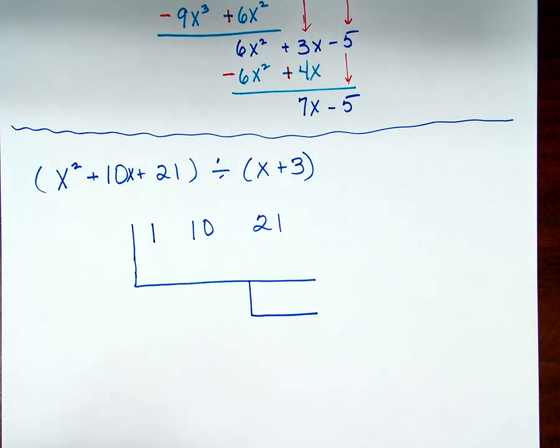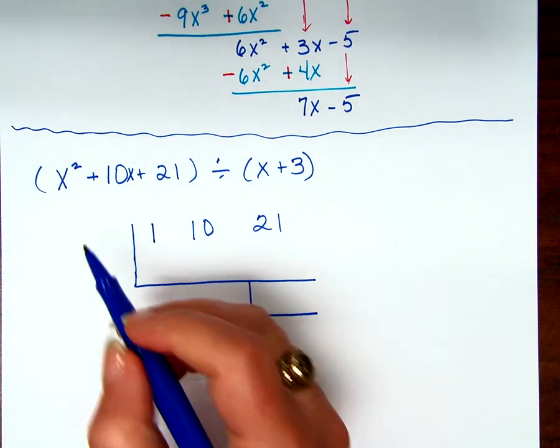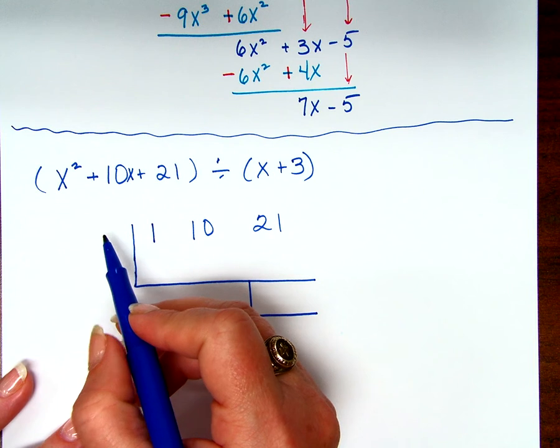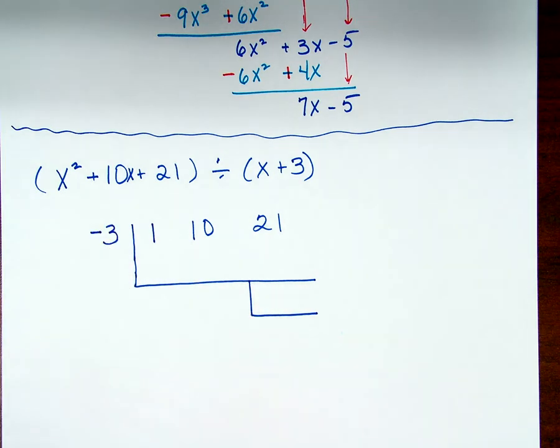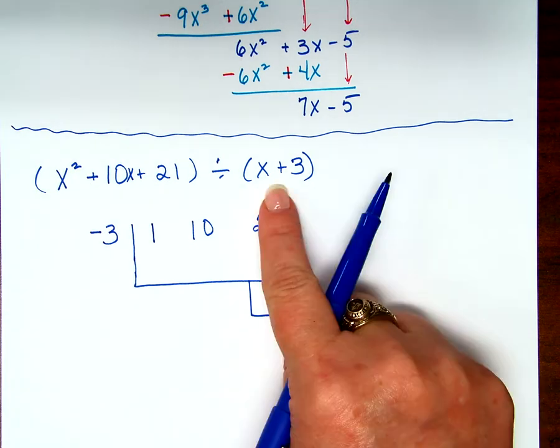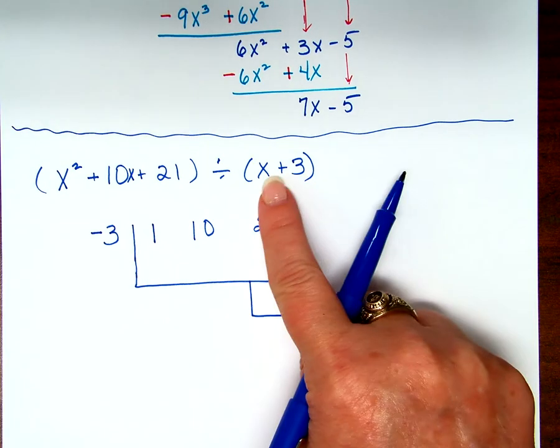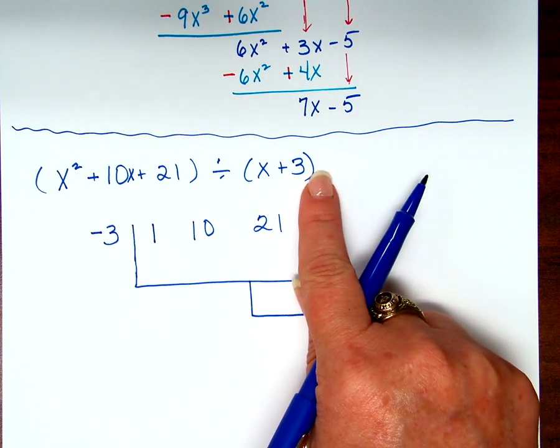So how do we do synthetic division? Oh, sorry, what goes on the outside? Why negative 3? You can think of it as the opposite as long as you realize we're thinking of it as the opposite because we're taking this and setting it equal to 0, right?